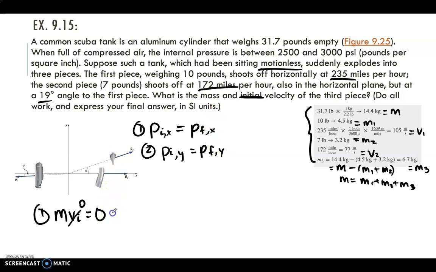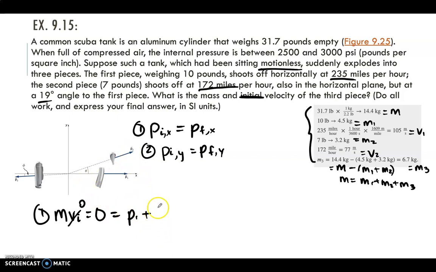All right, so then we're going to set that equal to our final momentum, which will have P1, which is going to purely be in the x direction. You know what? I am going to just write down P1 for now.